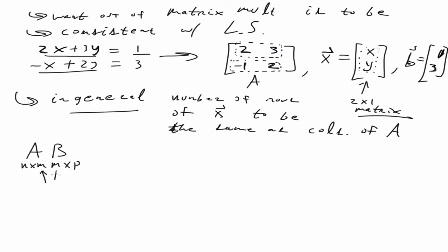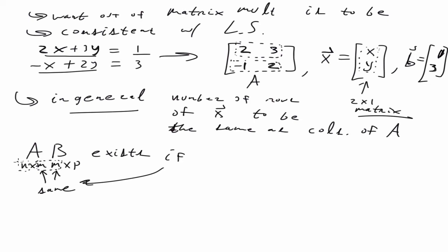So what we see is AB exists if these are the same down there.